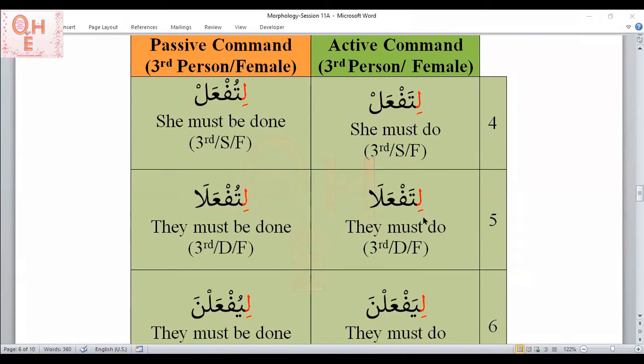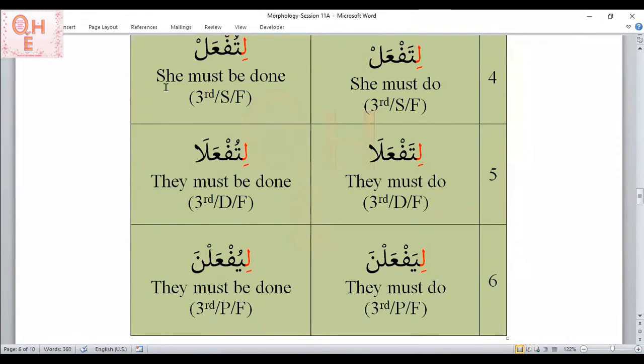For the dual, when the doers are third person dual females, litaf'ala, they must or should do. And when the doers are third person plural female, liyaf'alna. So over here you can see the noon did not drop because this is a mabni conjugation. This is stateless.